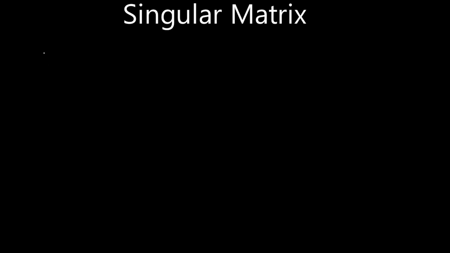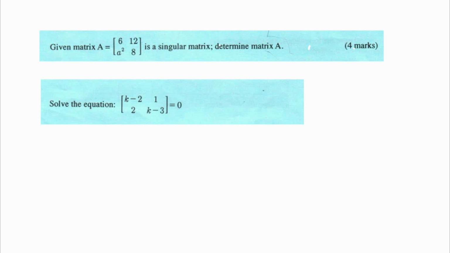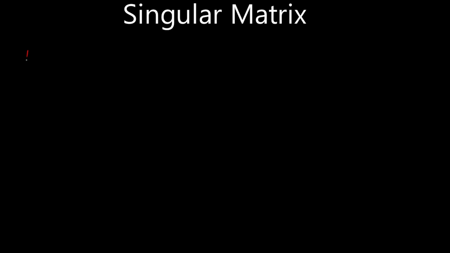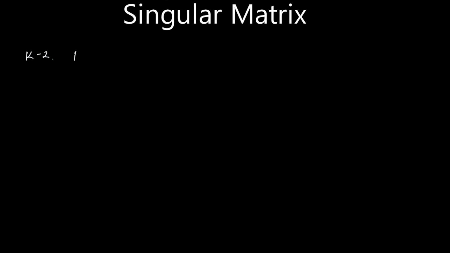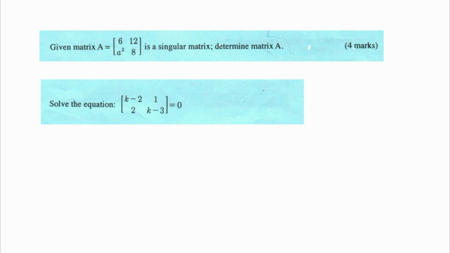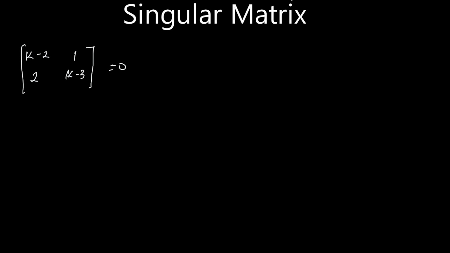So we can rewrite the matrix first: k minus 2, 1, 2, k minus 3, and we are told that this is equal to 0. They have said you solve the equation. Solving the equation simply means we get the value of k.